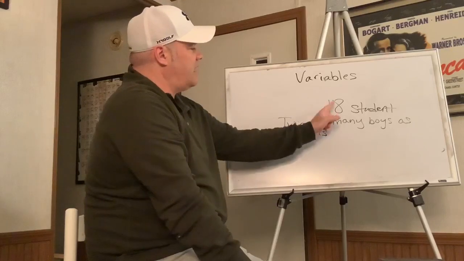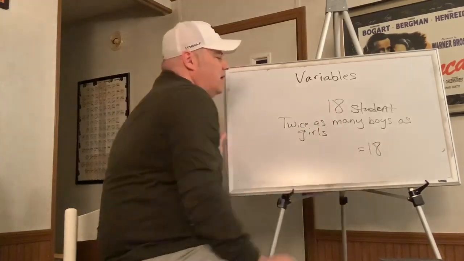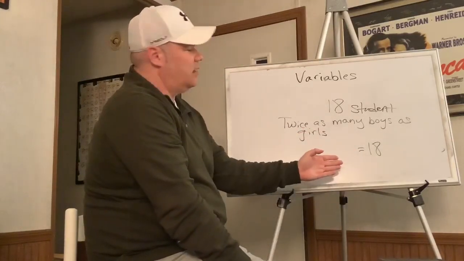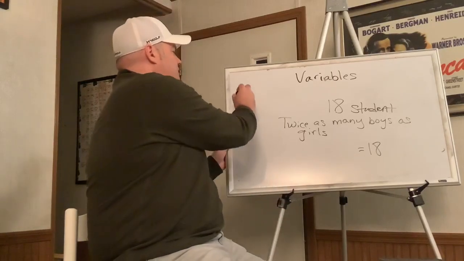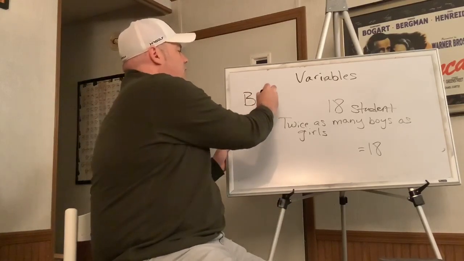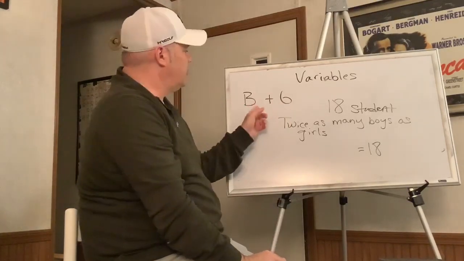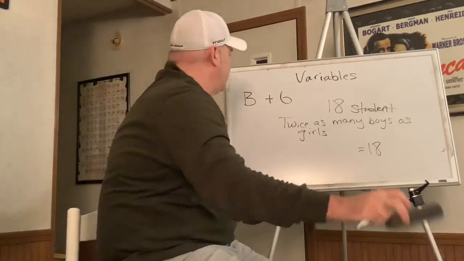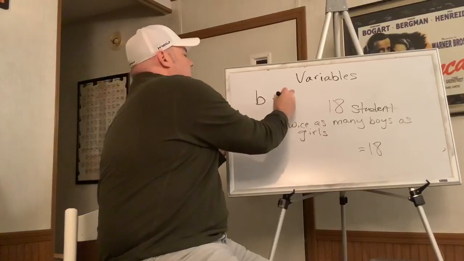Okay, so all I know is I have 18 total students, so maybe my 18 could be over here. I have 18, I already have the answer, but now I need to know how to combine the others. Now, if I say I have some boys and girls, and to add them is to say and, so boys and girls, and I'm going to use lowercase actually, because as you get into geometry, you'll see why we do that.